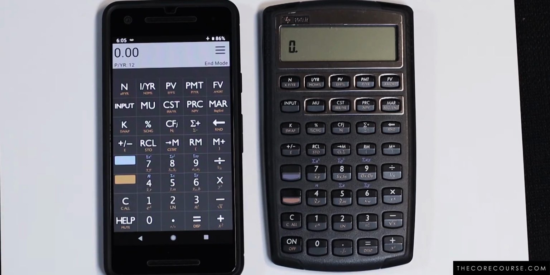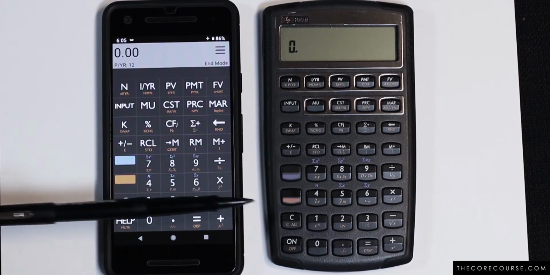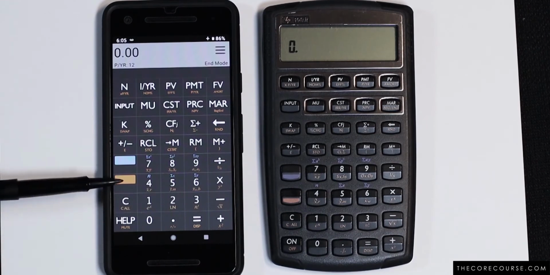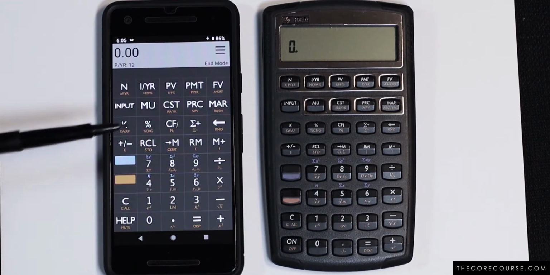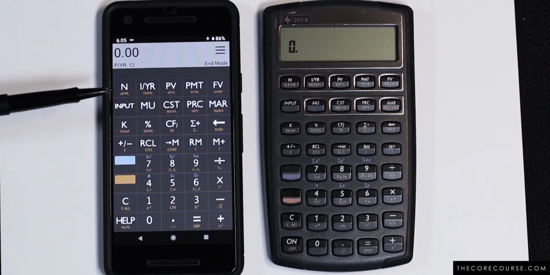The third menu is the gold menu, triggered by the gold button here. If you press this key, the next key you press will trigger the function on it below the white, in the gold. So 3 layers to the menu. When doing pencil, we only use the white and the gold. We do not use the blue or the purple.